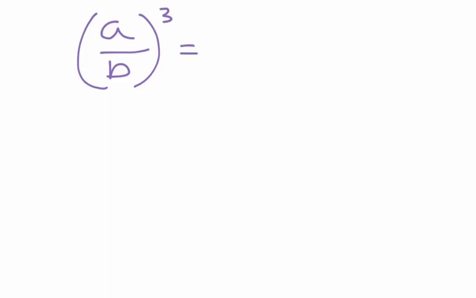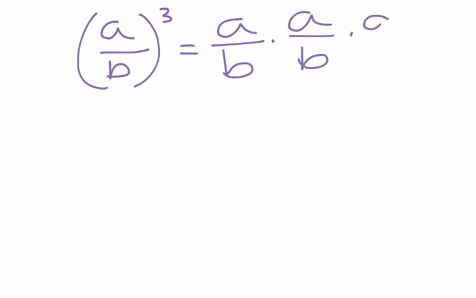So this means that you are taking the fraction A over B and you're using that as a factor 3 times. And so now that would be A times A, which is A to the 3rd, over B times B times B, which is B to the 3rd.